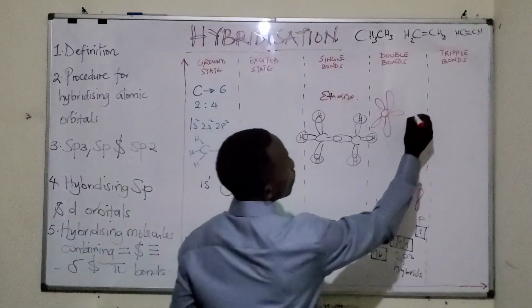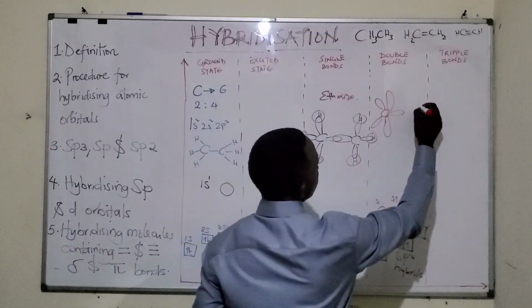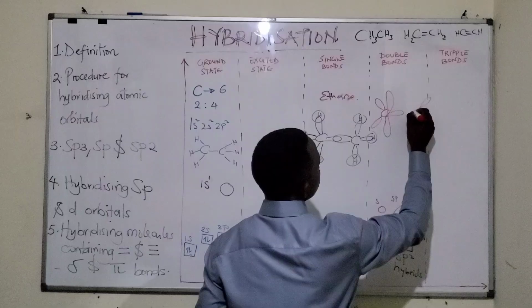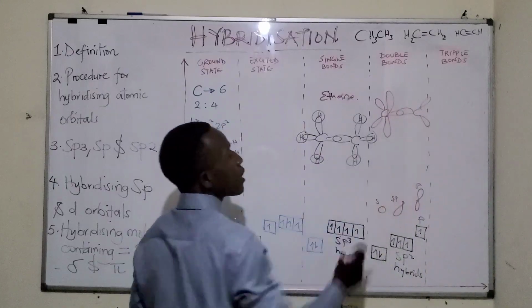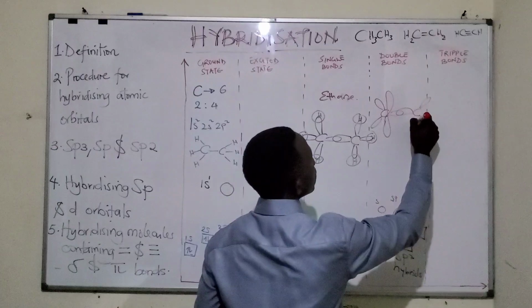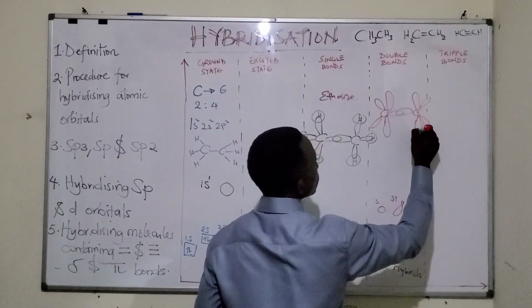Even this carbon will have the same orientation of electrons. Then this one forms a bond with this carbon, and we have the unhybridized electron spanning through.